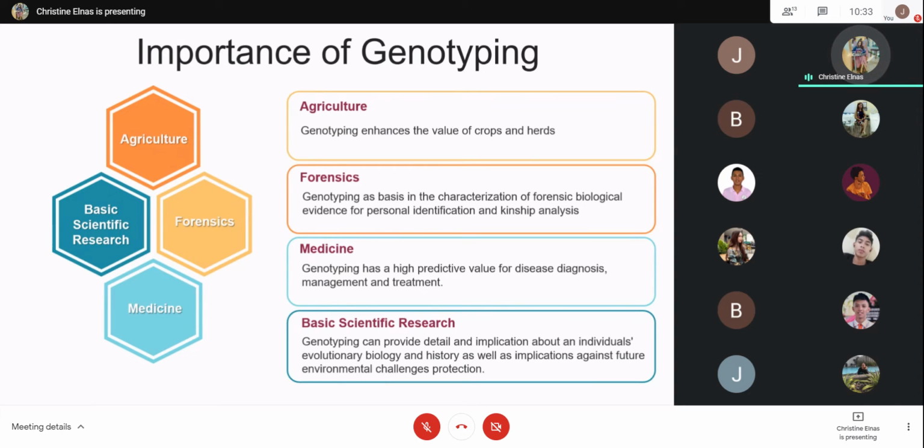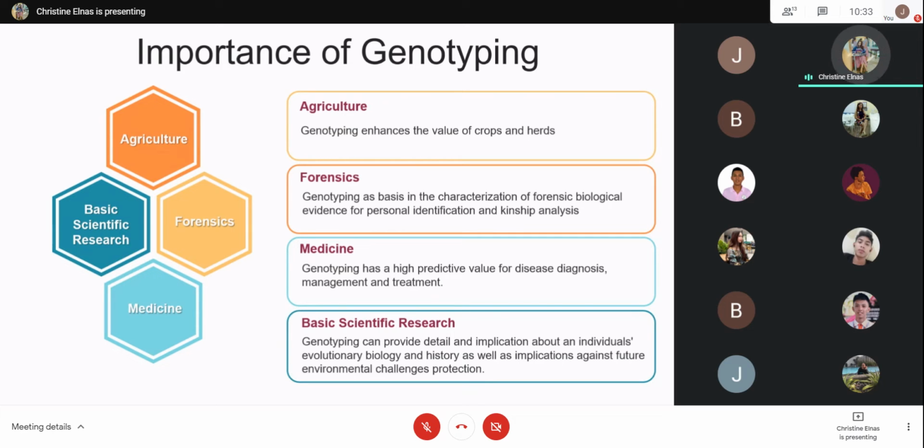The last one is the basic scientific importance of genotyping in basic scientific research. Genotyping can provide detail and implications about an individual's evolutionary biology and history, as well as implications against future environmental challenges. SNPs also have implications for evolutionary biology.